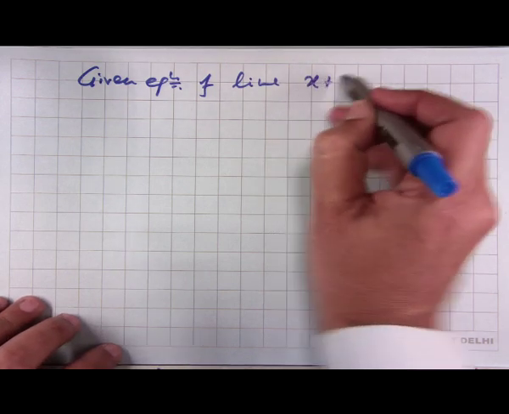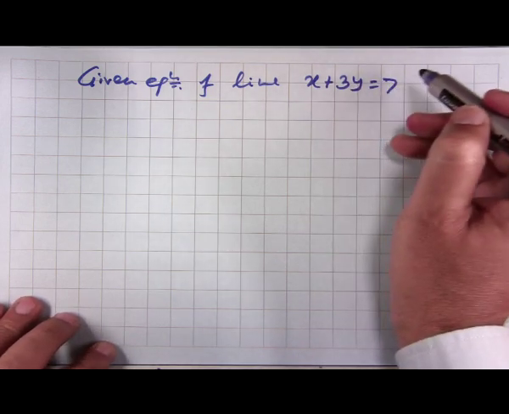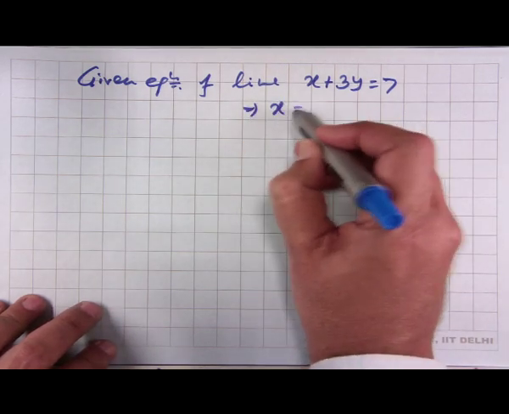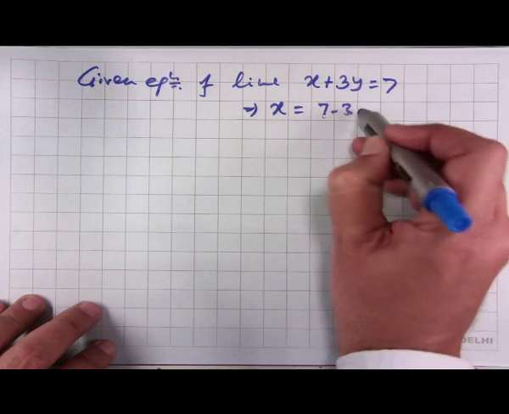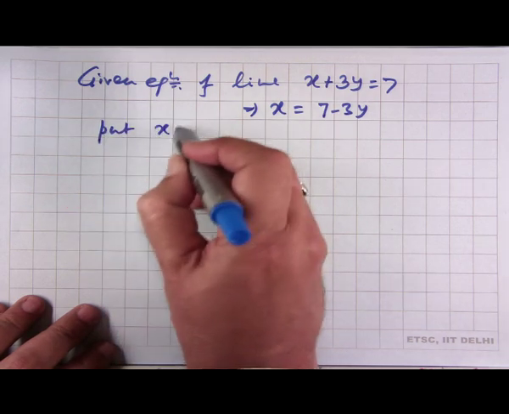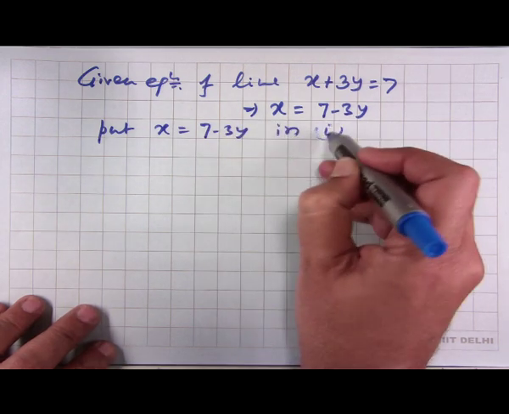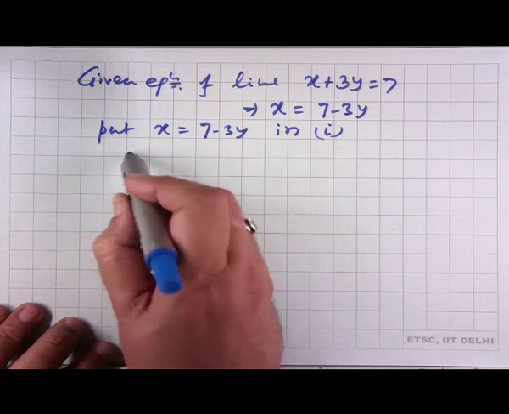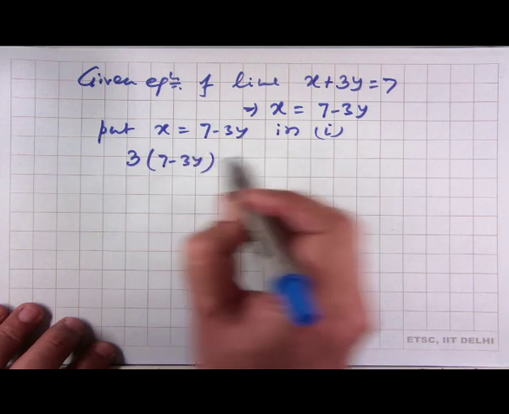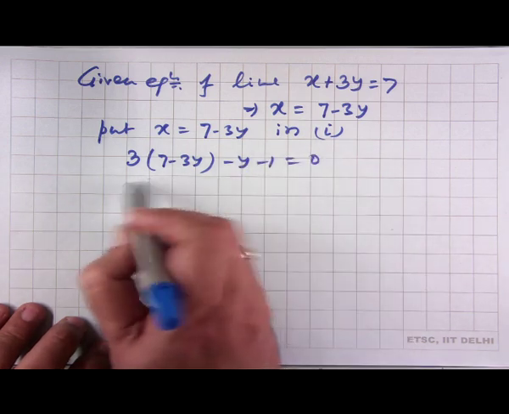x plus 3y equal to 7. So this implies x is equal to 7 minus 3y. Put x equal to 7 minus 3y in 1. So 3 into (7 minus 3y) minus y minus 1 equal to 0.